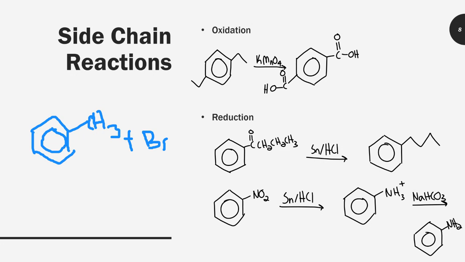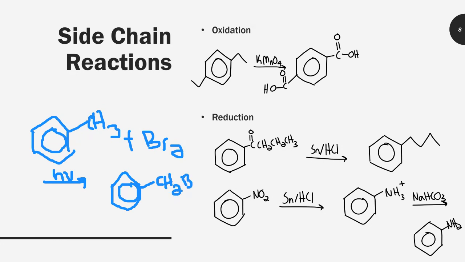That is where you react it with light or heat, and that will replace one of the hydrogens on that methyl group with a bromine, instead of putting a bromine on the ring. Does that make sense? So it's putting it on the side chain and not connected to the ring.